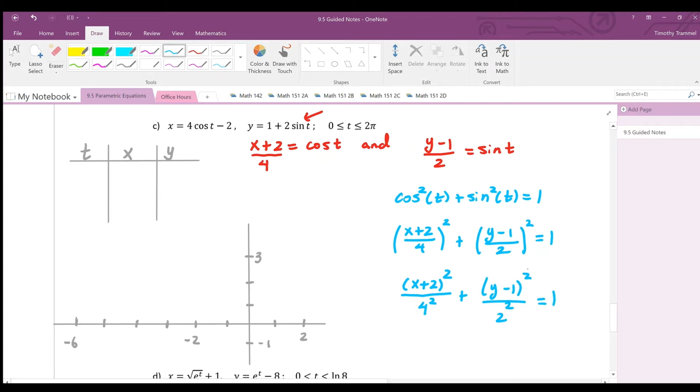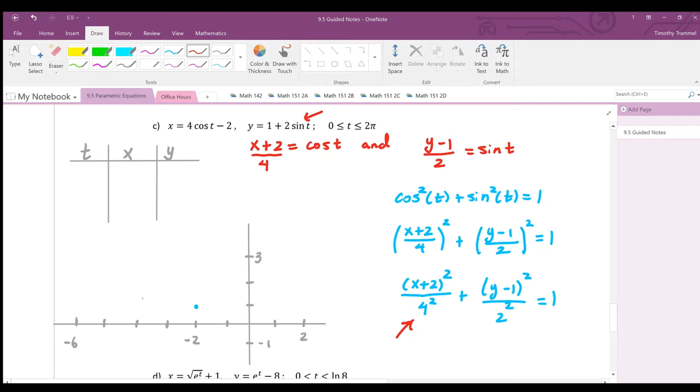And now this looks like an ellipse. This should be an ellipse with center minus 2 comma 1. So minus 2 comma 1. Here's the center of our ellipse. And so you can see here that under the x plus 2 squared, we have a 4 squared. So that means in the x direction, we should go out 4 units from the center.